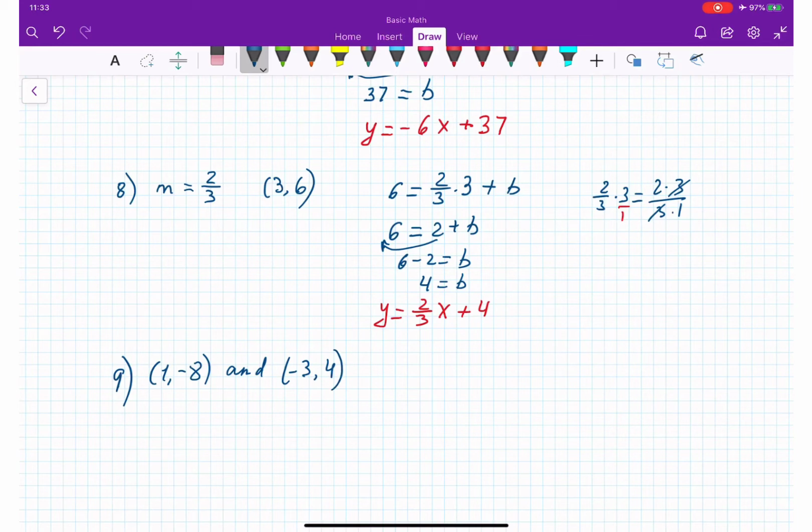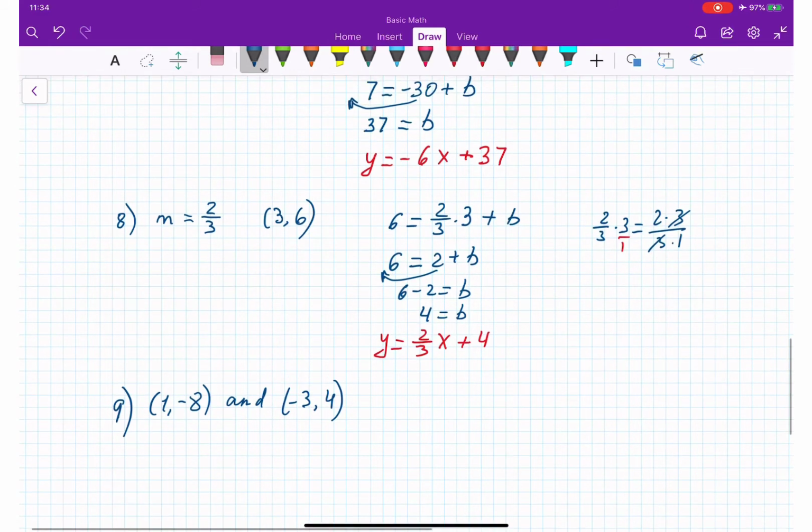Okay, so what did we learn so far? We can write an equation given slope and point, right? Slope and point. Here in our case we don't have the slope, but we have 2 points.